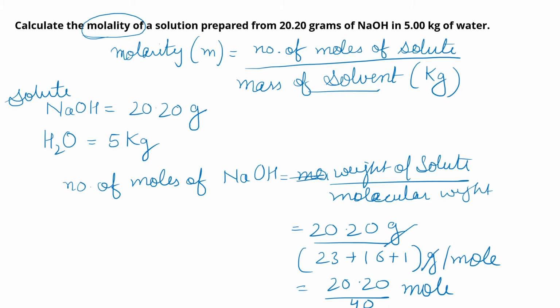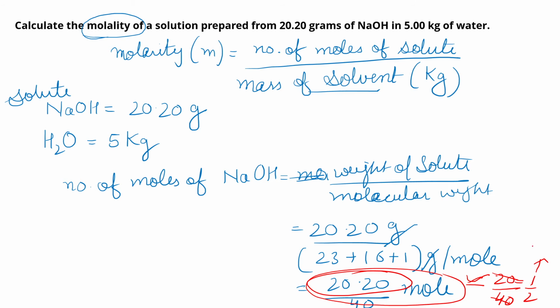So number of moles of NaOH that we have calculated is 20 divided by 40 mole. Approximately, let's take it as 20 divided by 40, we'll get the value 1 by 2, that is 0.5 mole.